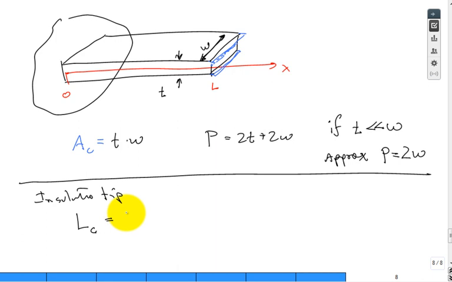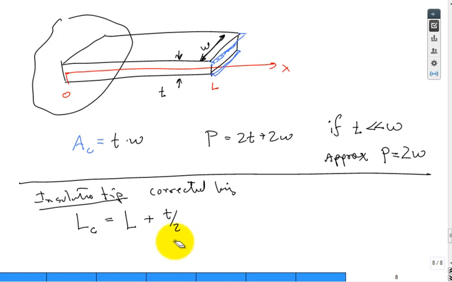How much would my extension be? For the insulated tip, if I still want to use those simple equations, I would use a corrected length. And it would be the actual physical length plus, would it be t over 2 or w over 2? Wouldn't it be t over 2? Yeah, it would be t over 2.